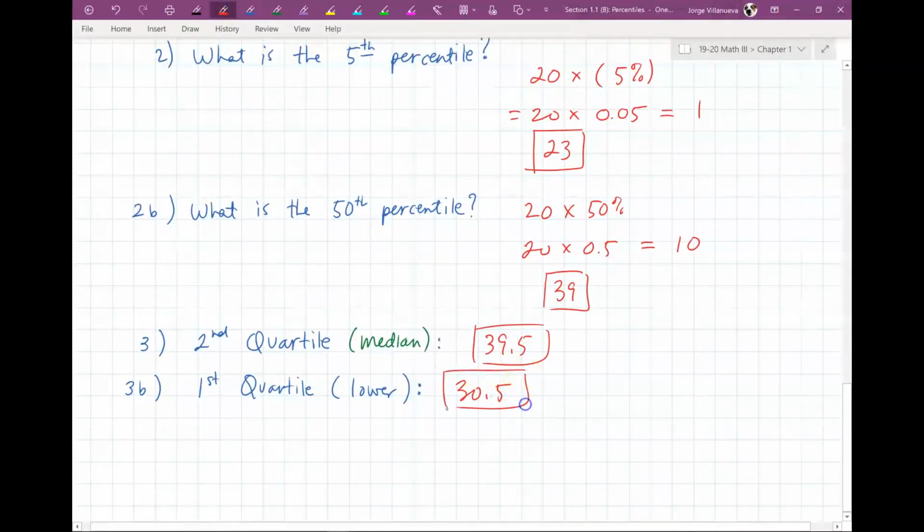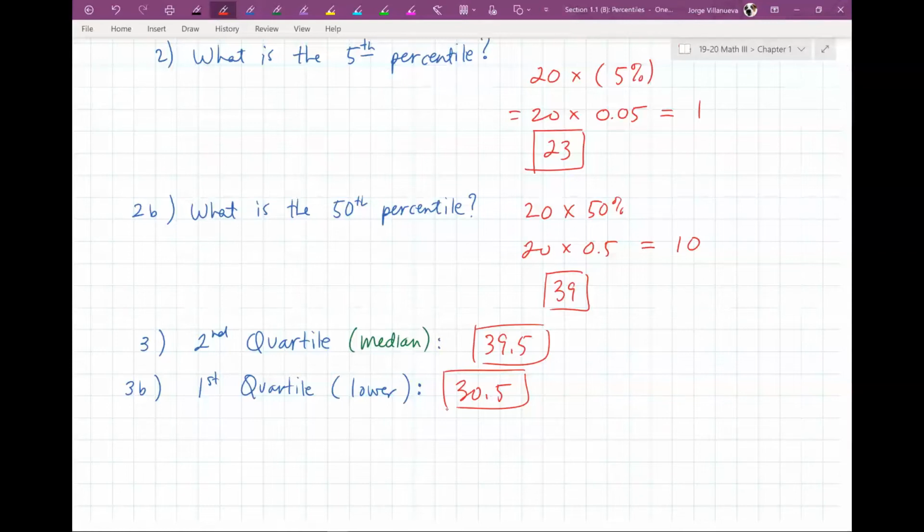Now let's actually answer number 3 for this table here. What's the second quartile? Remember, I told you there are 50 data values. There are 5 down and 10 across, so it's 50. Halfway to 50 is 25.